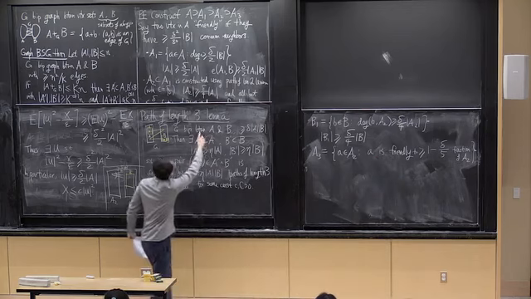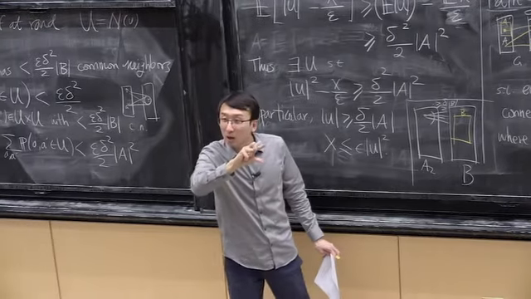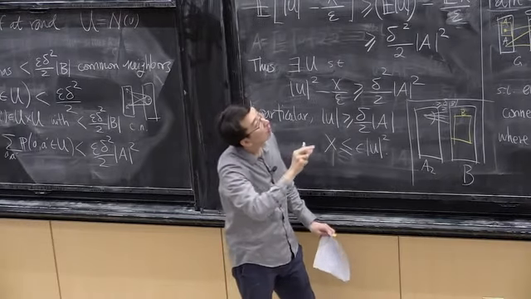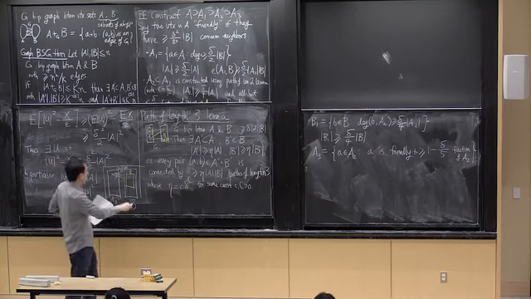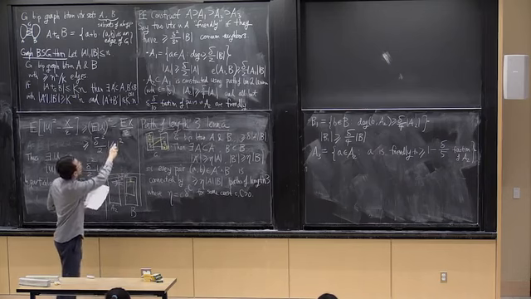So we saw that in A2, most pairs of vertices are friendly. Right? So most meaning all but a delta over 10 fraction.